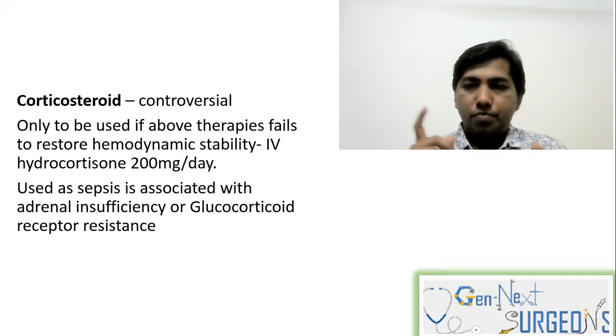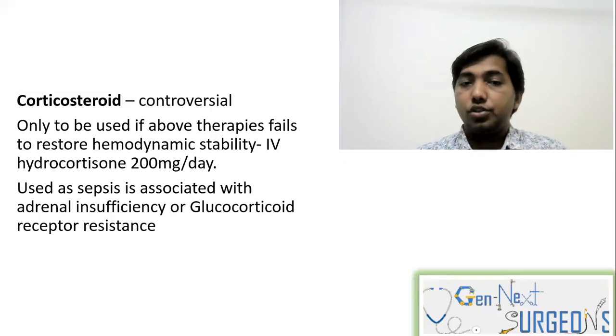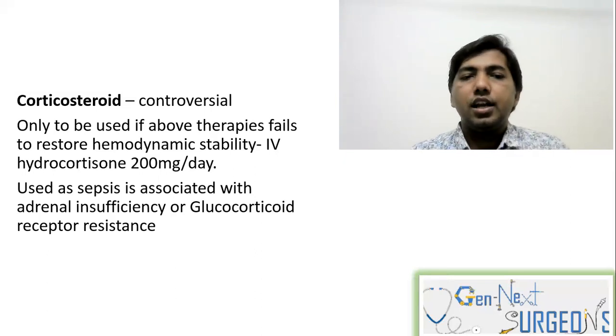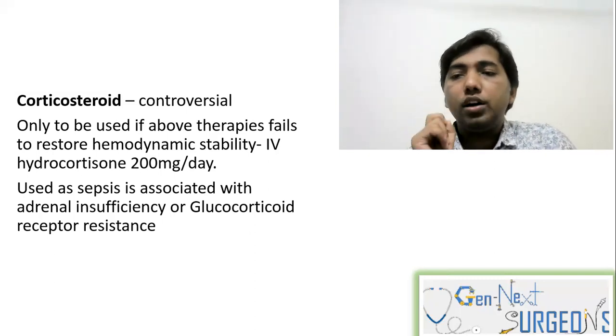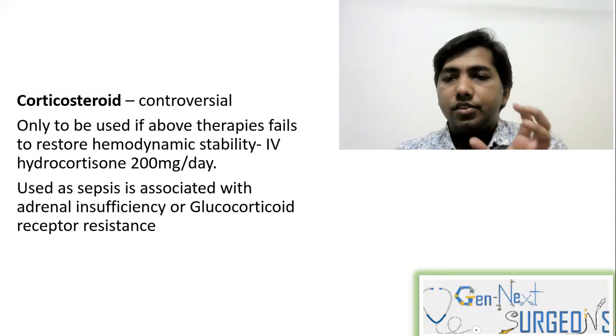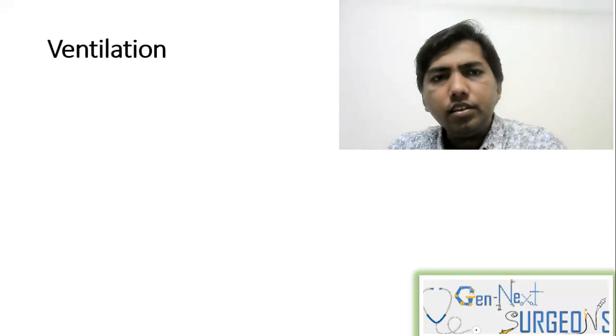Okay. So, if corticosteroid is used, it should only be used if the above therapies fail to restore hemodynamic stability, and only IV hydrocortisone 200 milligram per day, that is written in the guideline. So it is corticosteroid.